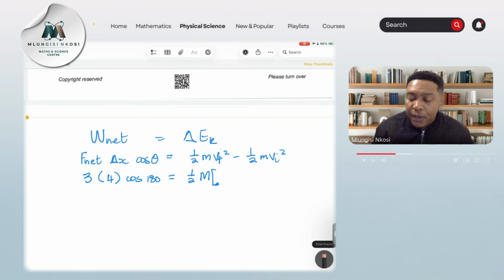It is Vy, at Y, so that's Vy squared, minus half, the mass is M, times our initial velocity, which is 8 squared.